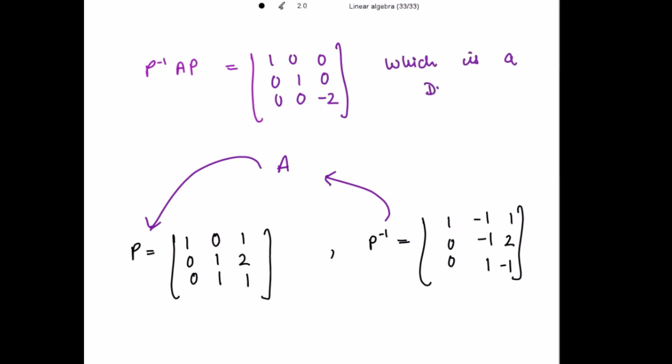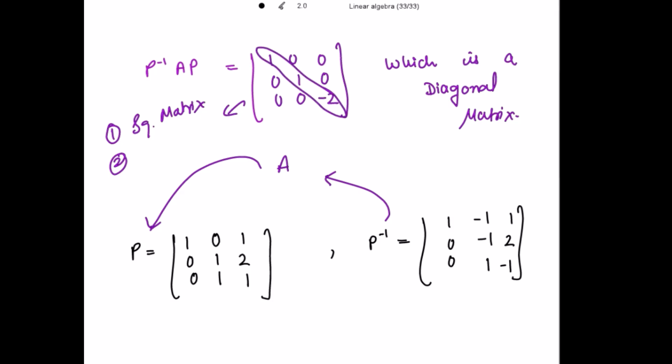How do we know that this is a diagonal matrix? The first condition for a diagonal matrix is that it should be a square matrix, right? And secondly, the elements of the square matrix should be 0. All elements should be 0 except the main diagonal.